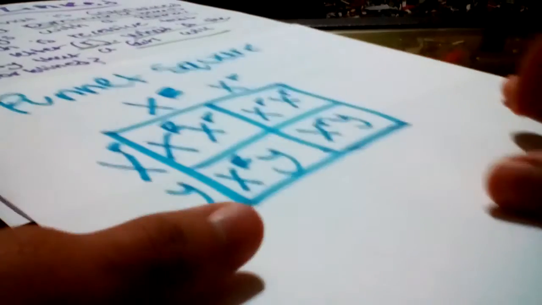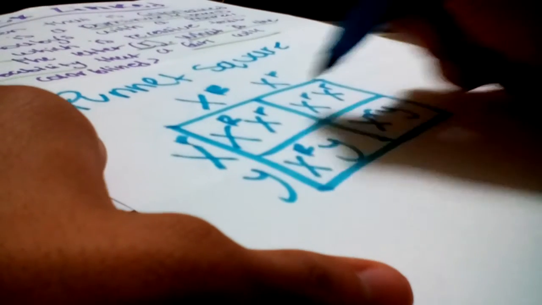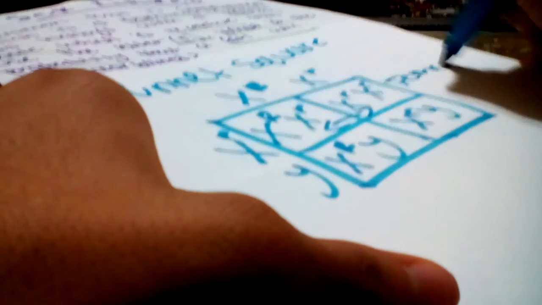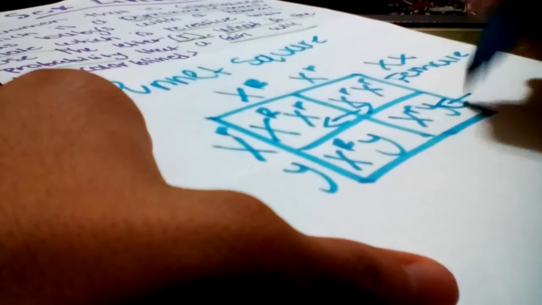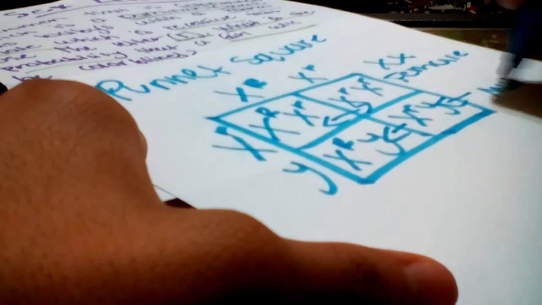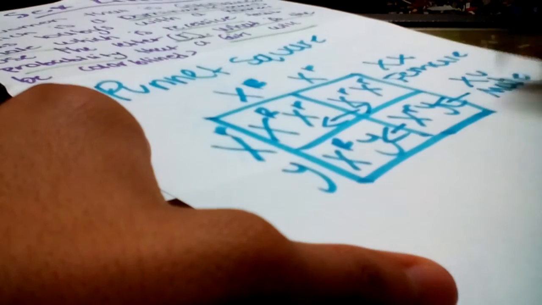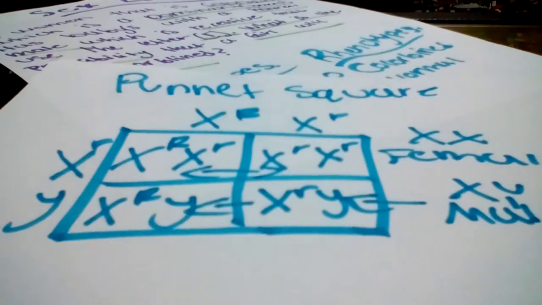Now that we know the Punnett square, we're going to do the percentage. These two are female because they have the XX chromosome. These two are male because they have the XY right here.